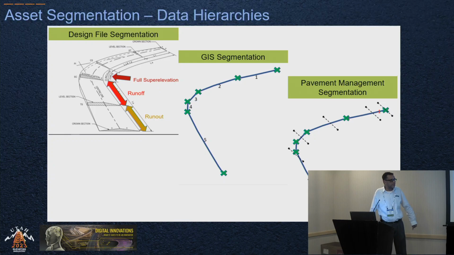So you're losing information as you transfer from one to the other. And the chainage that you might have had going in one direction may be different than the linear referencing system that was applied to the GIS segmentation. They started at a different gore point. And then when we go to the pavement management system, there's another segmentation going on there.